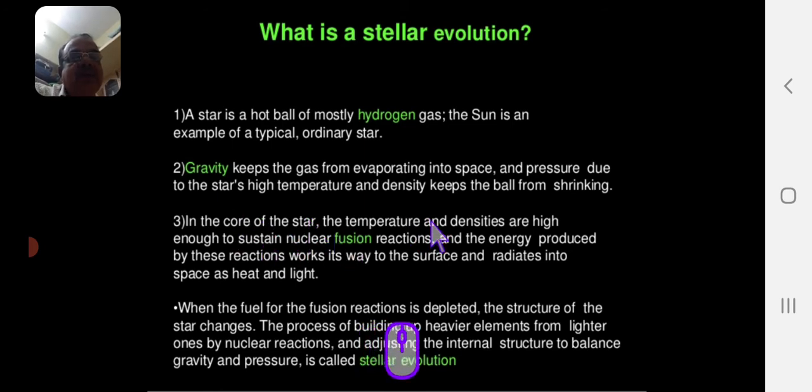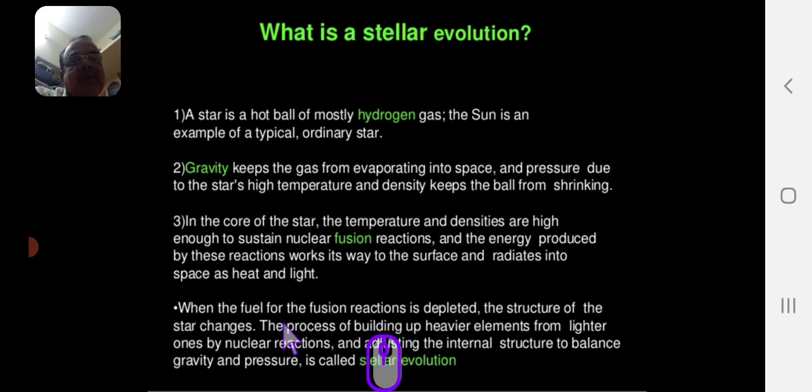So that is the core of the star. In the core of the star, the temperature and densities are high, and they sustain nuclear fusion reactions, and energy is produced by these reactions. It works its way to the surface and radiates heat and light into space.